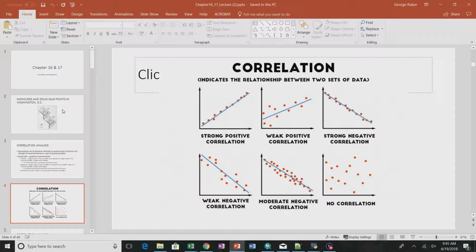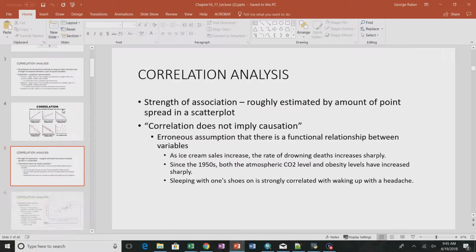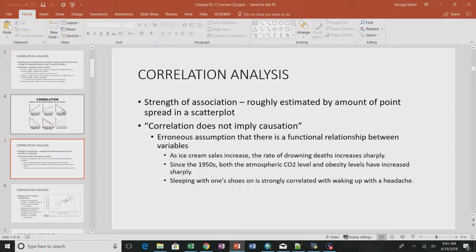All right, so that's correlation. Well, with correlation, there may not be such a relationship that even exists. Okay, correlation is actually just trying to measure the strength of the association. So we're looking at the amount of point spread in that scatter plot. If it spreads a lot, we're going to be getting a lower value, a value closer to 0.